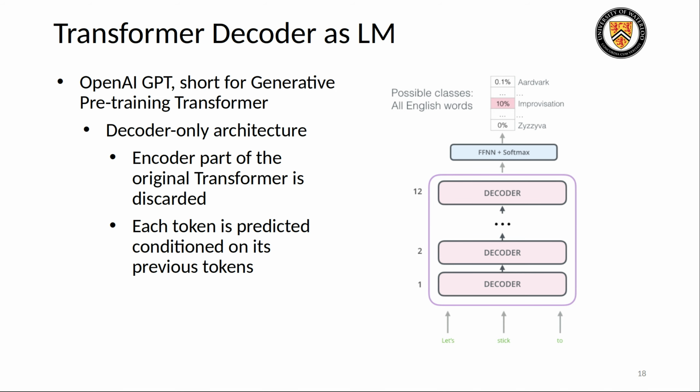GPT-1, however, was unidirectional, meaning it could only attend to previous tokens in the sequence. This choice is natural for next word predictions, but it also has limitations. So we'll discuss this in more detail in the next slide.